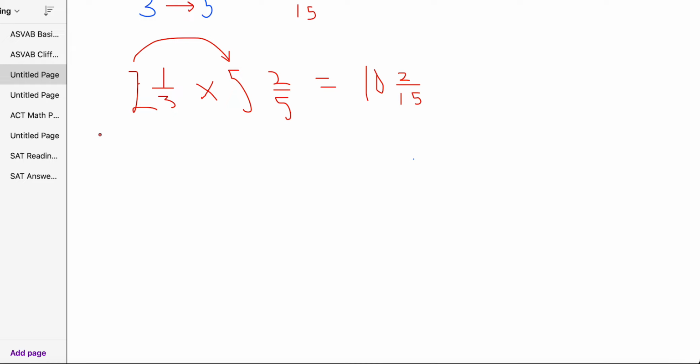But let's also do it the proper fraction way and see what we get. We take this 2 multiplied by 3, that gives us 6, plus the 1, so that'd be 7, divided by 3, because 3 here is the base.